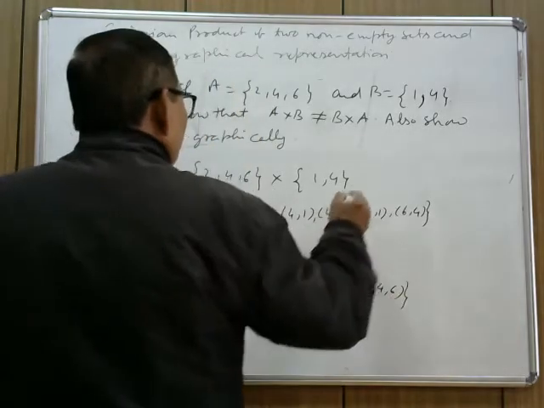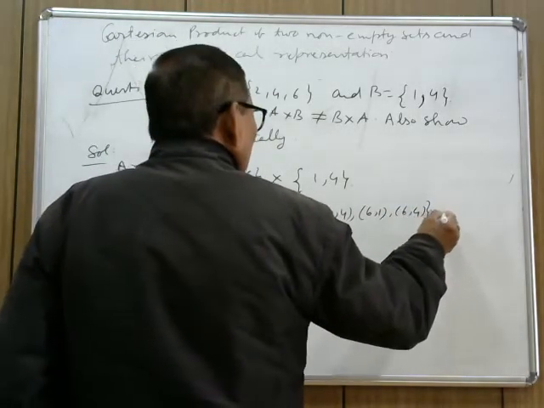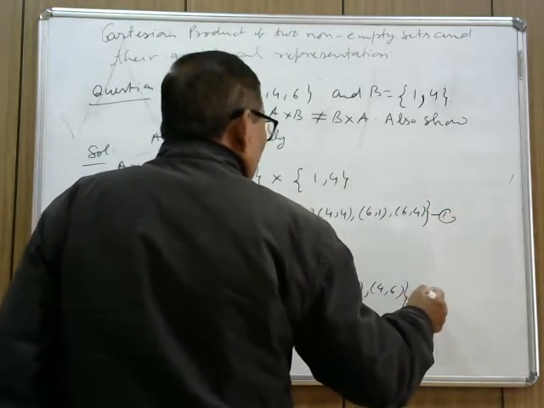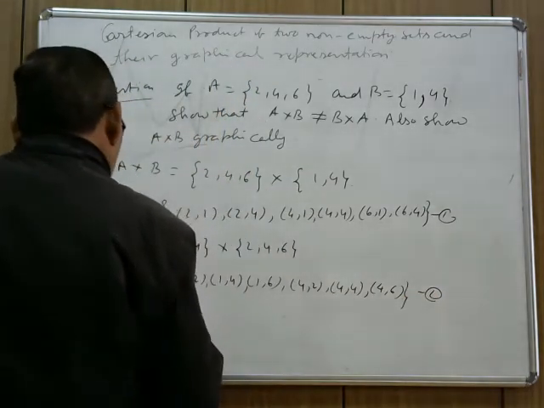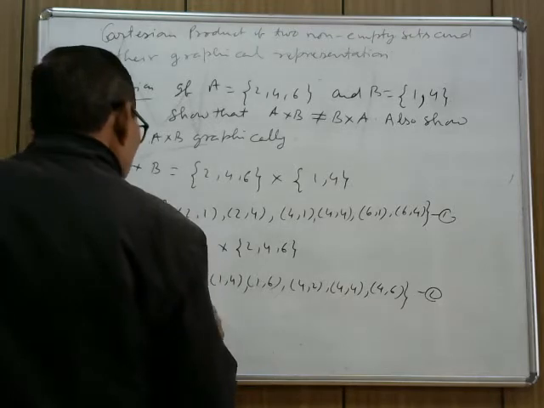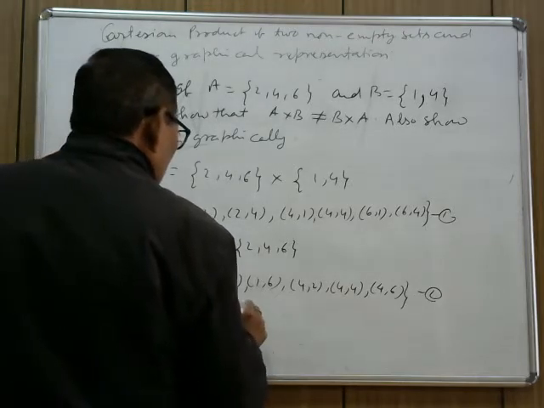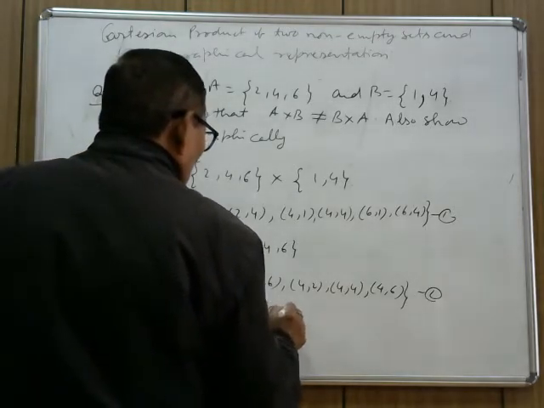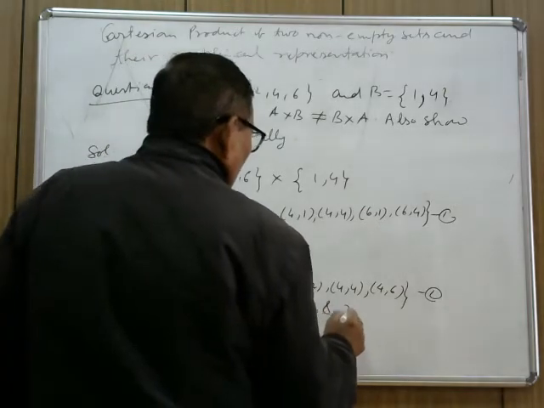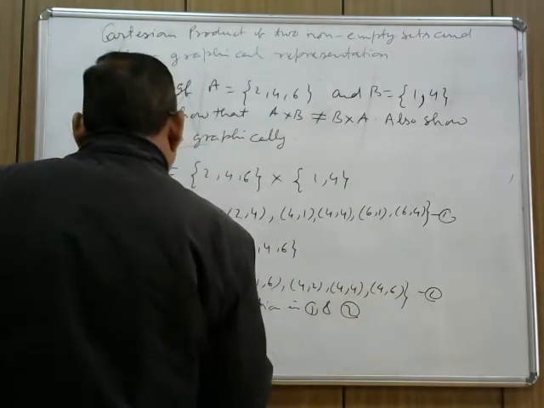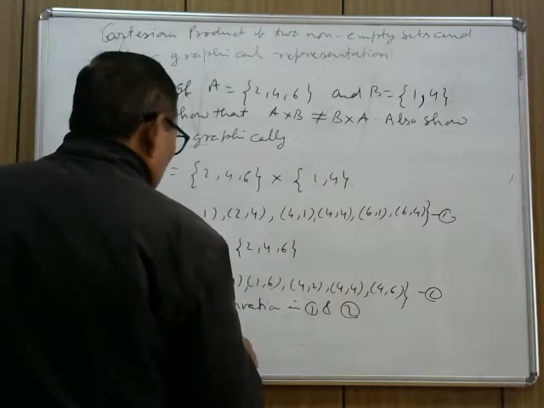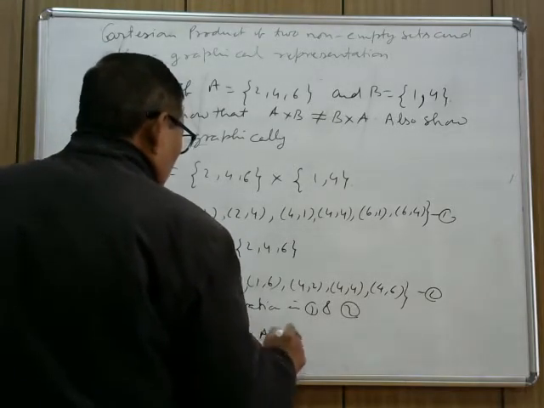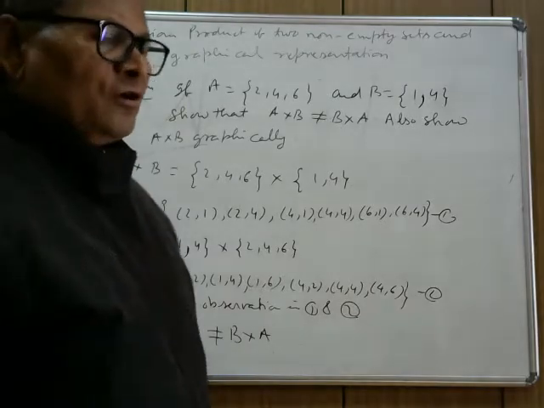When you observe this, this is 1 and this is 2. By making this observation in 1 and 2, we can say that A cross B is not equal to B cross A.